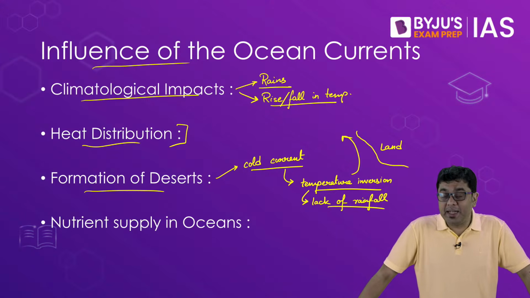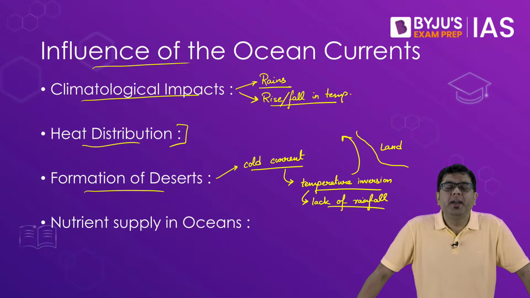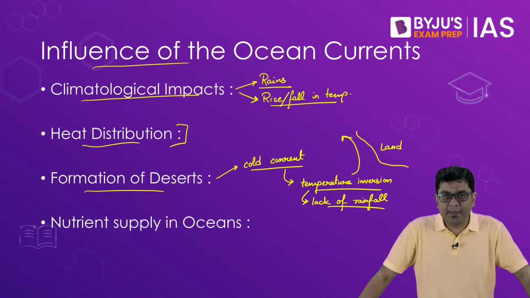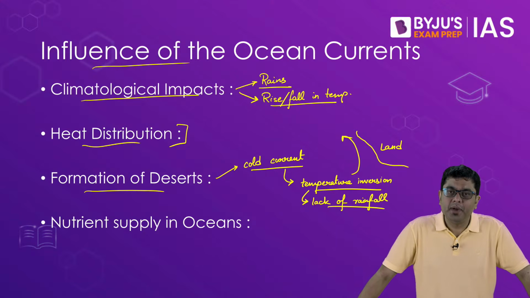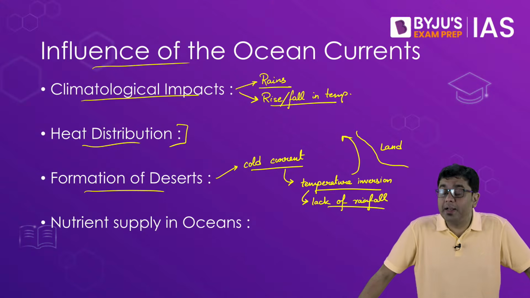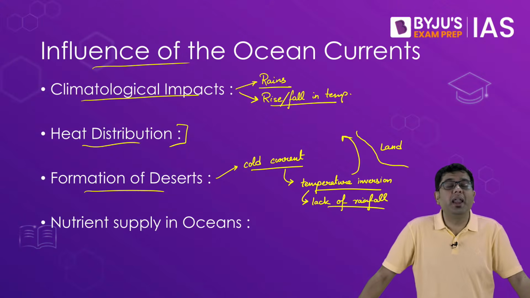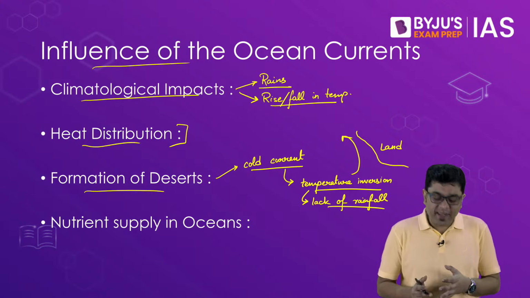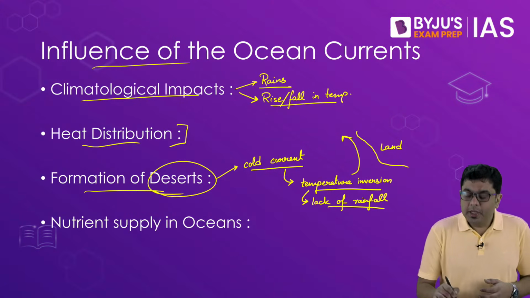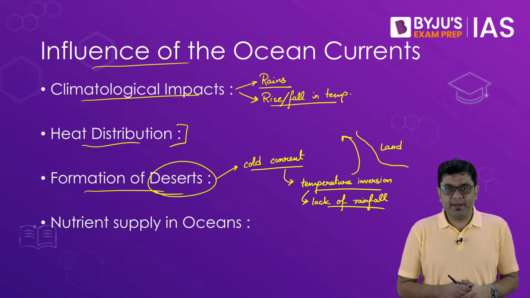The West Australian current, which is again a cold current, creates dry conditions in the Victorian Desert in Australia. Then you have the cold California current creating dry desert-like conditions in the Sierra Nevada Desert of North America. You have the cold Benguela current also creating dry conditions in the region of the Kalahari Desert. So the desert formation can be ascribed to the presence of these cold currents.